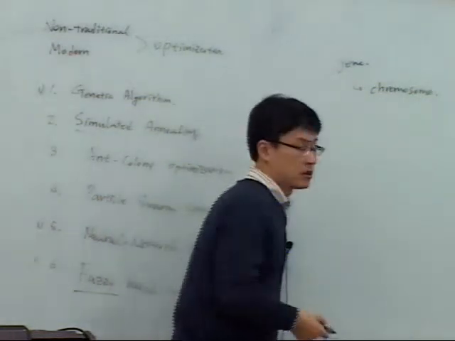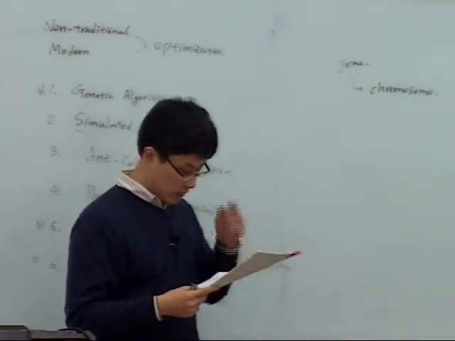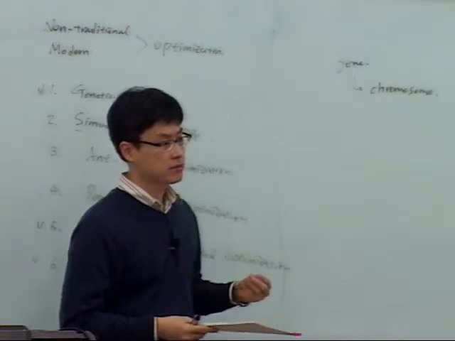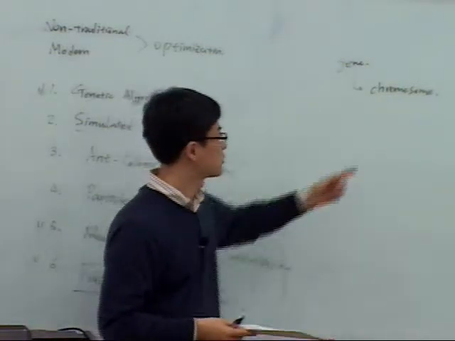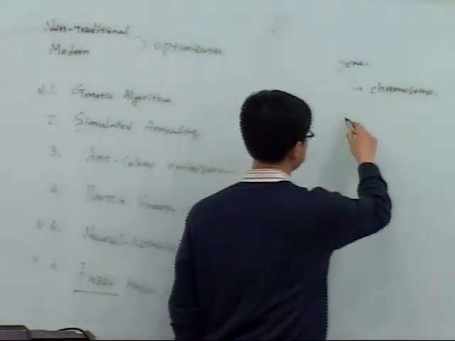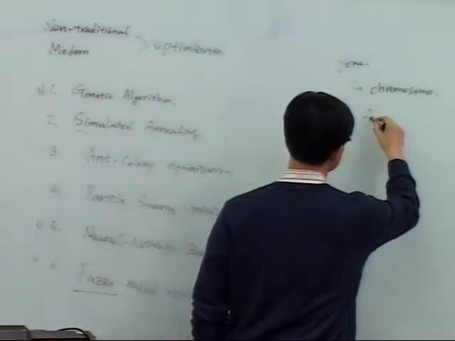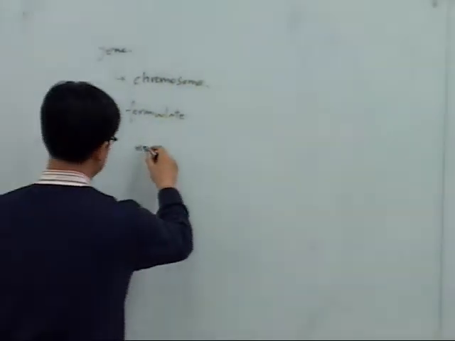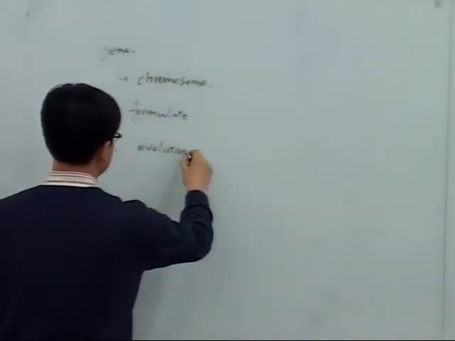So the approach in genetic algorithm is to transform our problem into a chromosome. And the next step is to let these genes follow the evolution process.